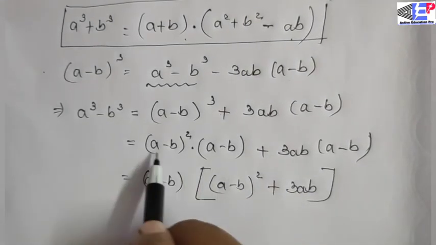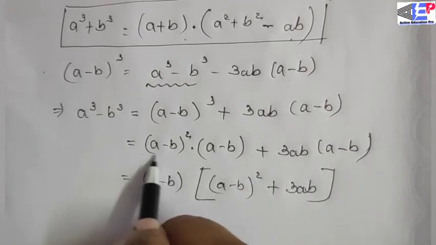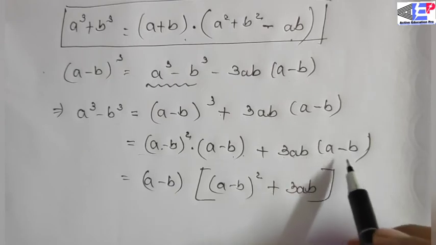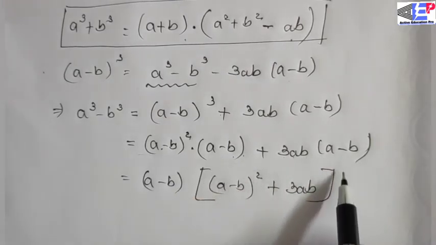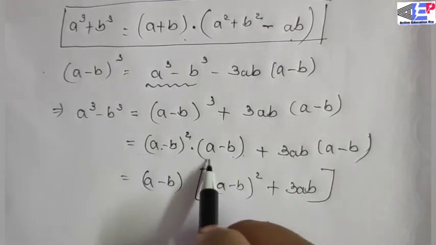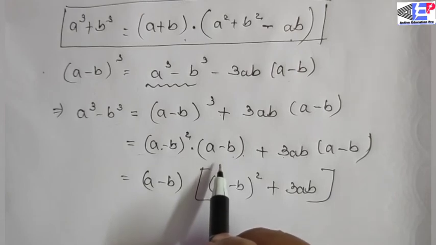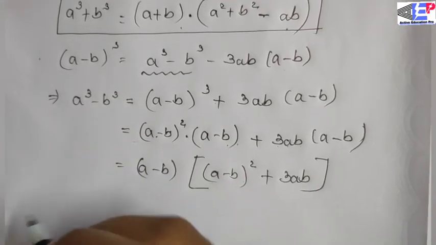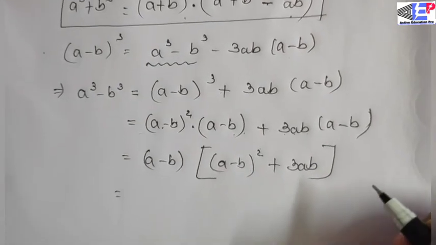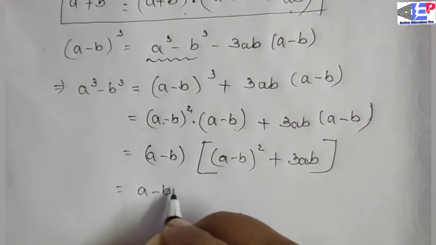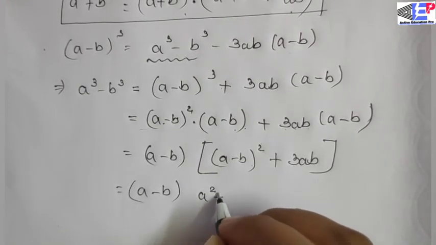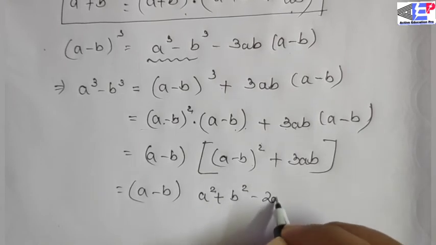Again I repeat: there are two terms. The first term is (a minus b) square into (a minus b), and the second term is 3ab into (a minus b). Both carry (a minus b) as their common factor. By taking the common factor, the remaining terms are (a minus b) whole square plus 3ab, and then simplify it again.